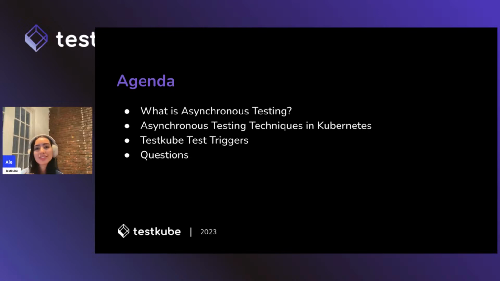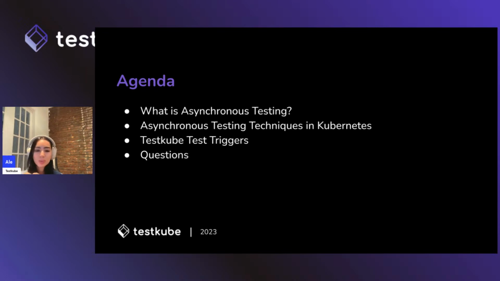Today's agenda will cover very briefly what the concept of asynchronous testing is, what it entails, and the approaches that we can take when we want to implement asynchronous testing in Kubernetes specifically.